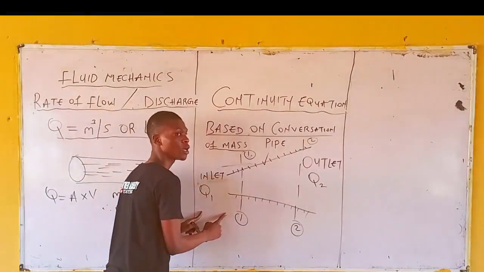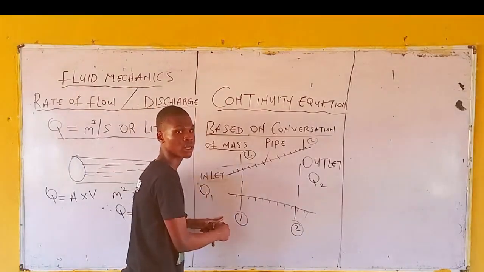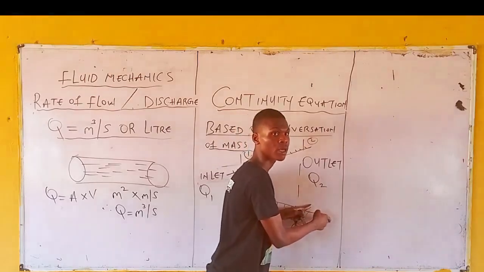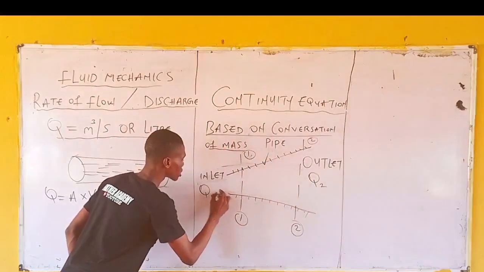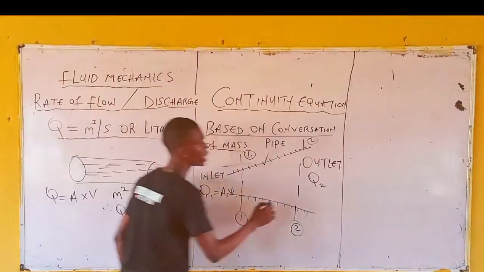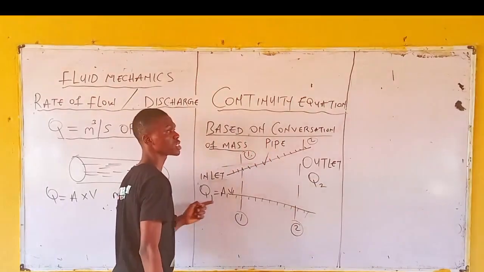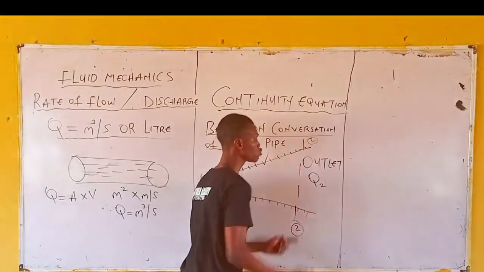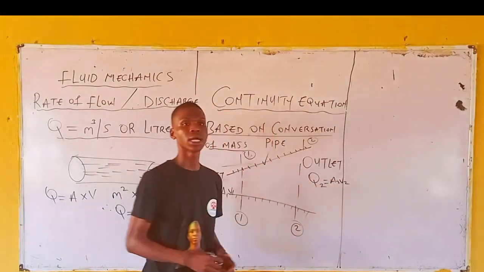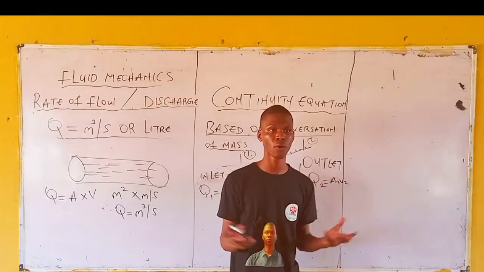For inlet, Q1 has area and velocity. Q2 has area and velocity. So Q1 is equal to A1 V1, and section 2 has A2 V2. This is the continuity equation based on the flow.